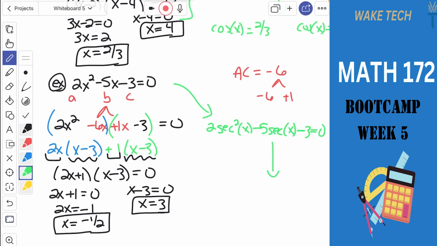Since the equation in green and the equation in black are identical in structure, there's going to be some secants involved in the middle steps, but it's going to factor the exact same way, which ultimately means that the conclusions would be the same. Secant x equals -1/2 or secant x equals 3.